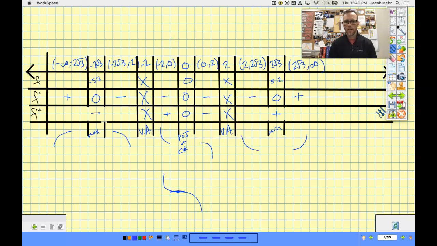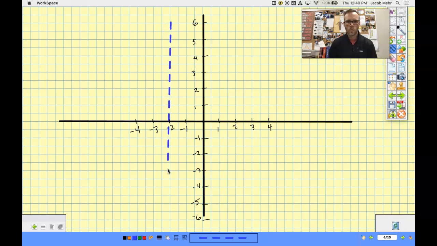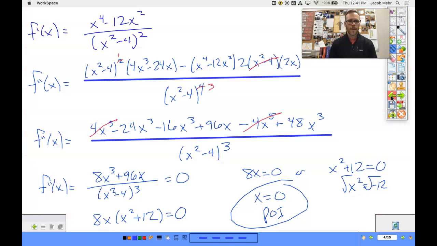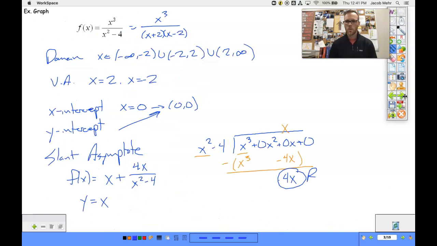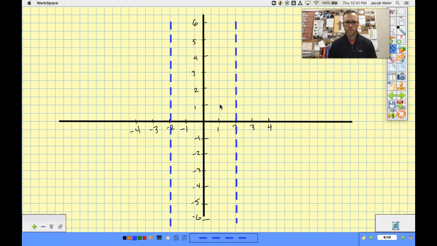Remember, you've got this handy. You can look at that, vertical asymptotes at plus or minus 2. Okay. Recall that our slant asymptote was y equals x. That looks good, right? Okay.